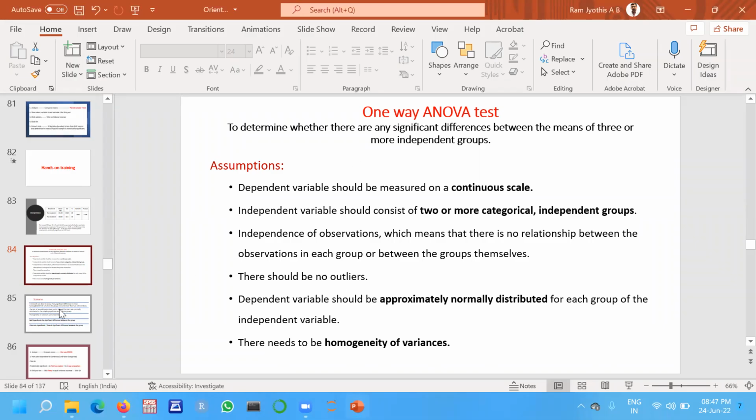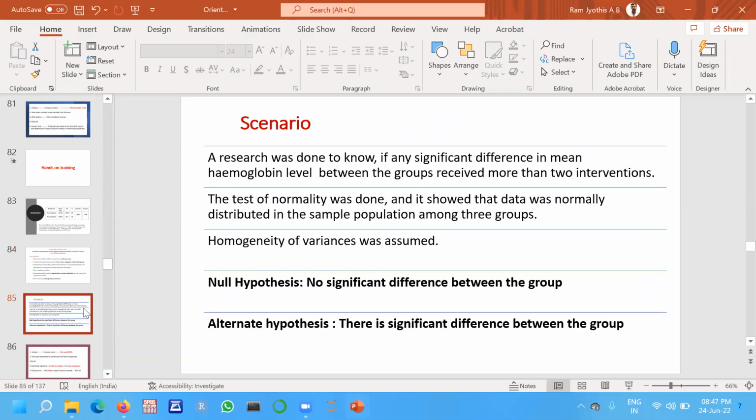Now let us see the scenario. A research was done to know if there are any significant differences in mean hemoglobin level between the groups that received more than 2 interventions. So here we have more than 2 interventions, and we need to compare the mean hemoglobin level.